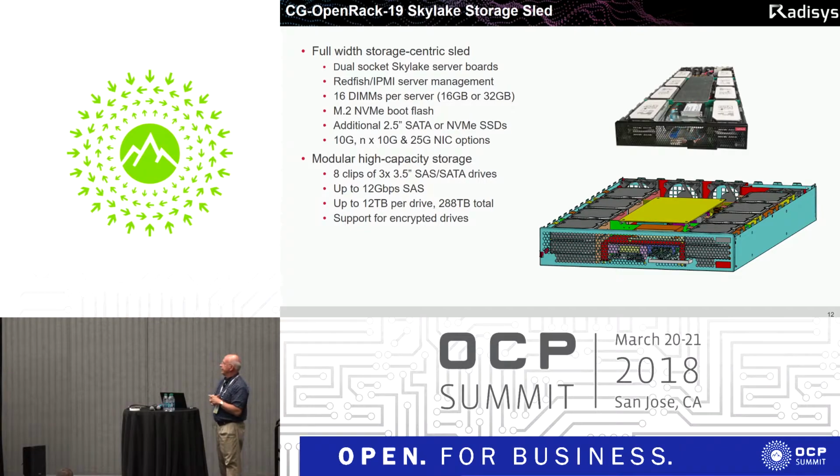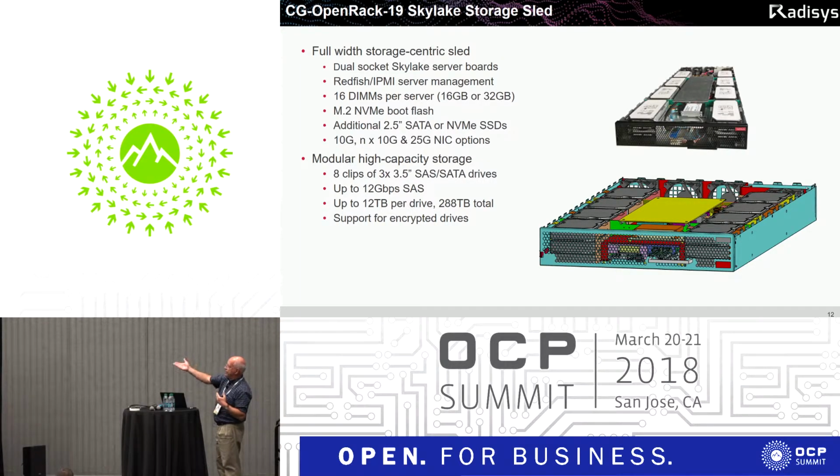So this sled, as you can see, is built up of drives along the side. There's, of course, 12 on each side. These are in carriers that can basically be pulled out as a group. The Skylake server is managing these drives through 12 gigabit per second SAS. And additionally, the sled has 25 gig links to the top of rack switches.